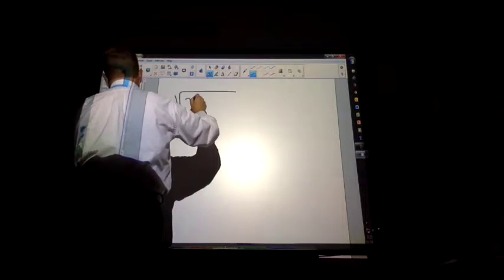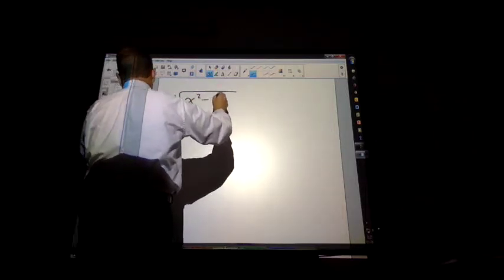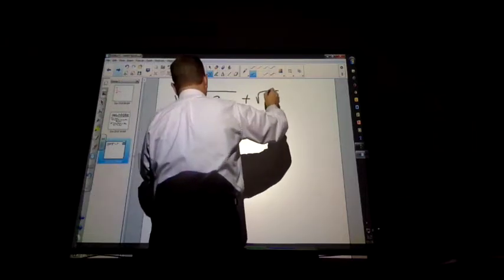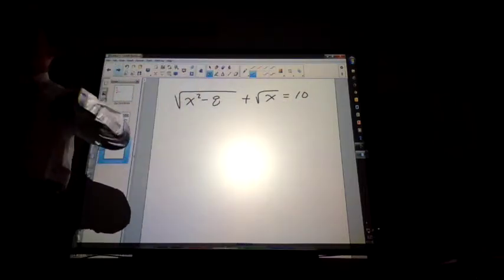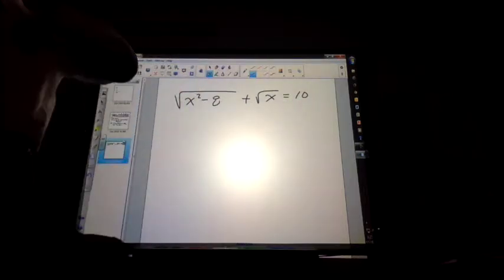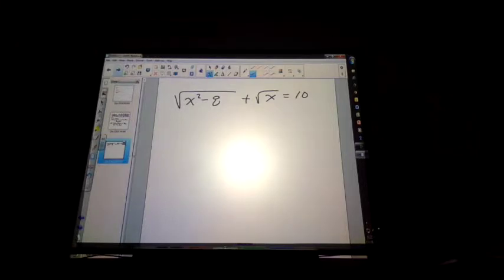If I had a problem like this, and I wanted you to solve for X, how should we go about doing this problem? Square it, okay. What's some other ways we can go about doing this problem?